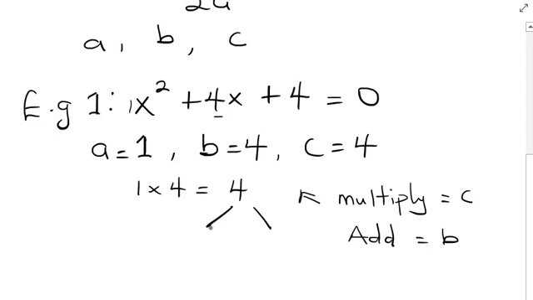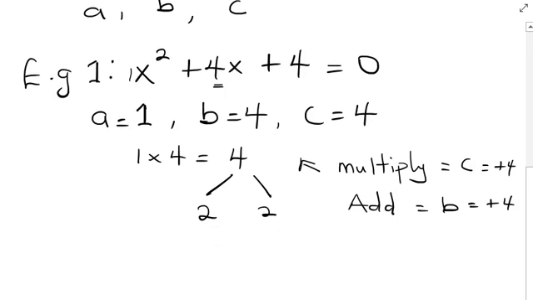So if I multiply plus 2 by plus 2, that will give me plus 4, and that's the c. If I add 2 plus 2, it will also give me plus 4, which is the b, because the c up there is plus 4 and our b there as well is plus 4. So that means 2 and 2 are the numbers that I can use.